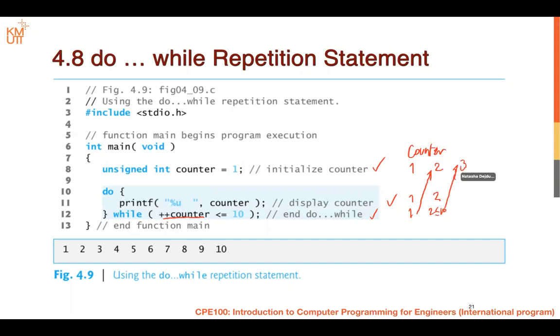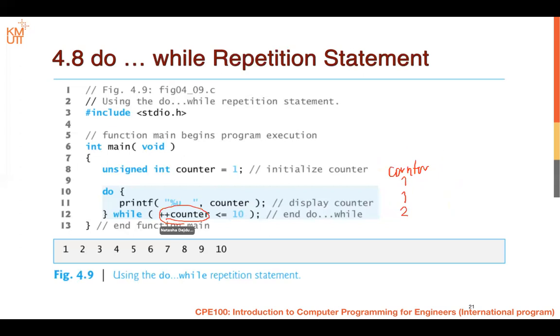Then counter plus. No, I'm sorry, I missed the step. I have to say it like this. You have to see this carefully. Okay, this is important. You set counter first equal to 1, and then you print 1, and then plus plus counter means you increase the counter to 2 first, and then check later. This one you can put the star here.